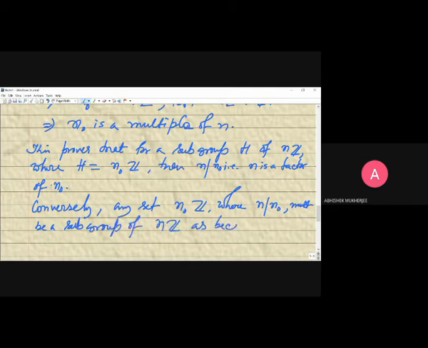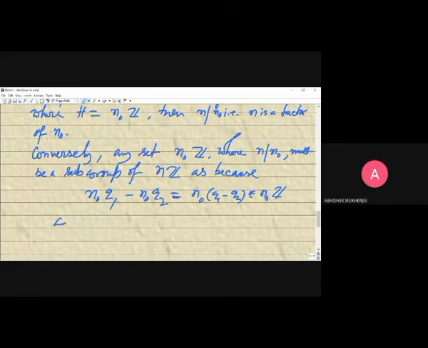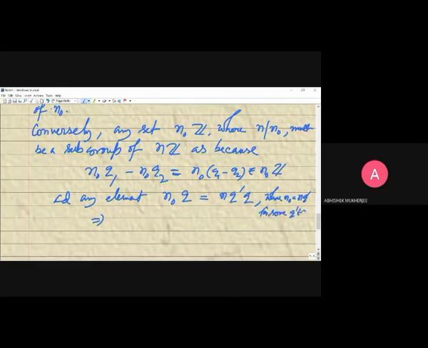Because if you consider two elements from n not Z, n not q1 and n not q2, then the difference is n not (q1 minus q2), so it belongs to n not Z. And any element n not q, since n divides n not, n not can be written as n q dashed for some q dashed belonging to Z. So n not q becomes a multiple of n, which means n not q belongs to nZ.